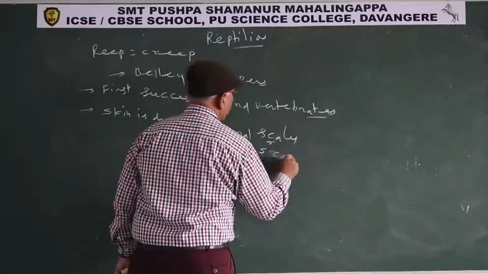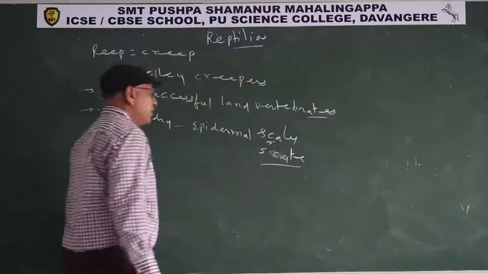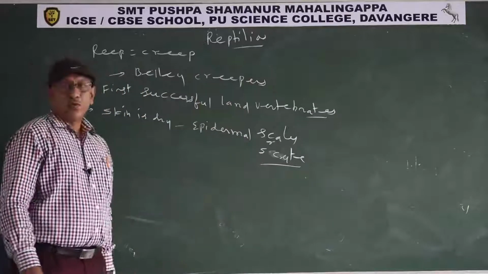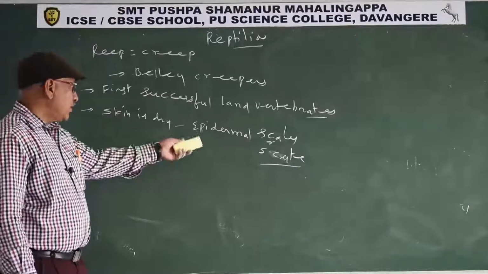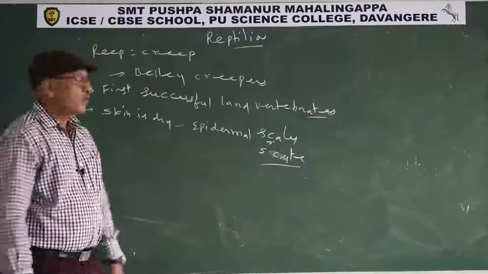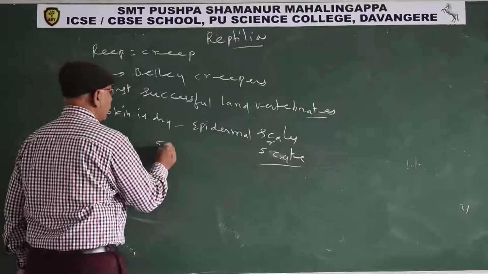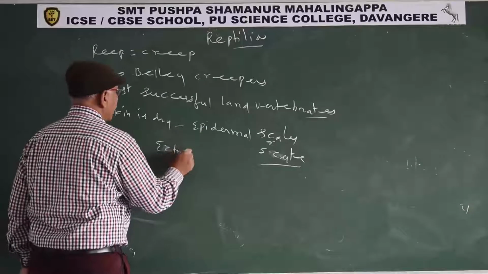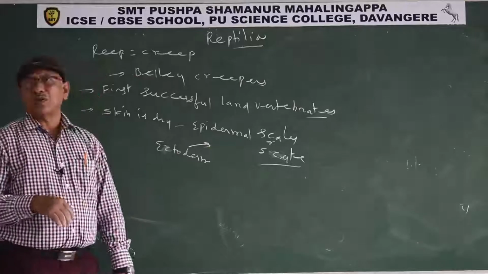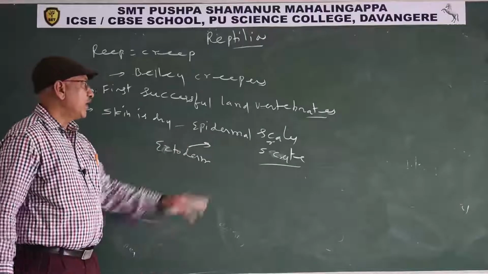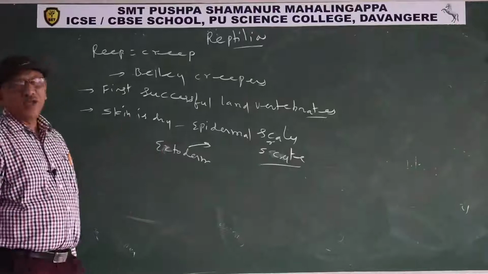What is a scute? A large scale is known as a scute. What is the meaning of epidermal? Epidermal means developed from the ectoderm. Exoskeleton is formed from the ectoderm. From the ectoderm only, epidermis is developed. So epidermal scales. Epidermis is formed from the ectoderm.